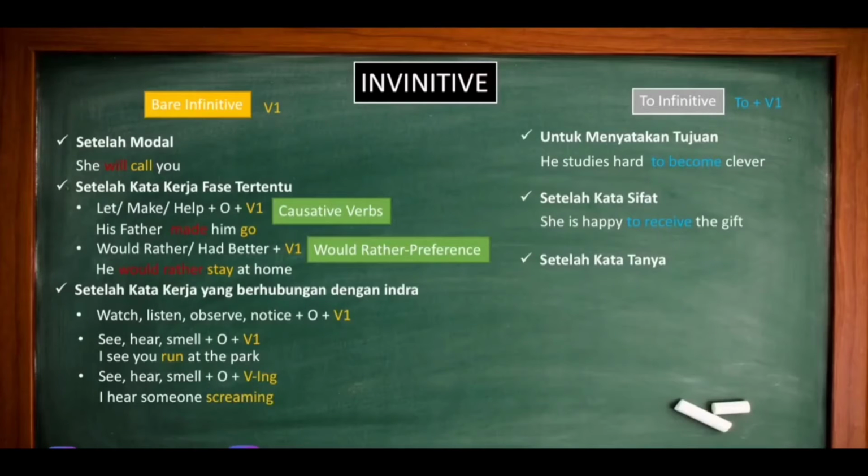Okay, the third, after the question word. For example, he tells me what to do. And you know, the question word here is not in the context of asking. Okay, and the last, after the ordinal number. For example, first, second, third, and etc.